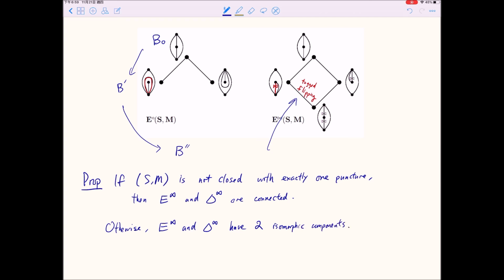Why? Well, one will have the tagging at the puncture, and one will have no tagging. These two will never reach each other. So your cluster complex will consist of two pieces, with tagging at all the punctures.